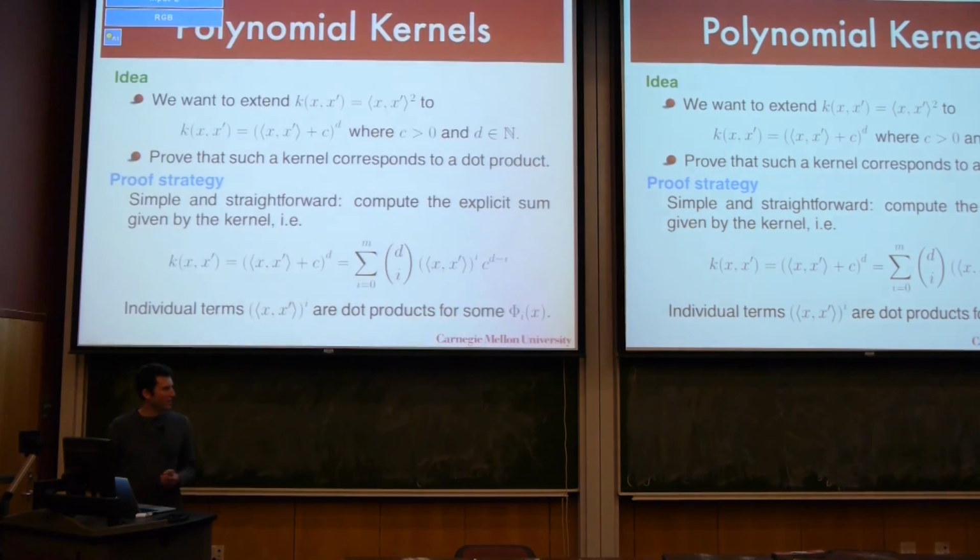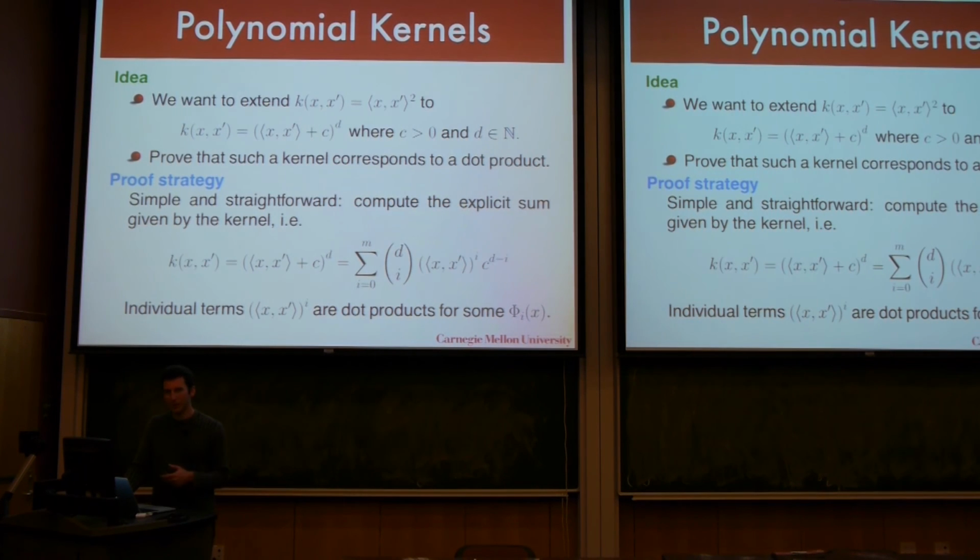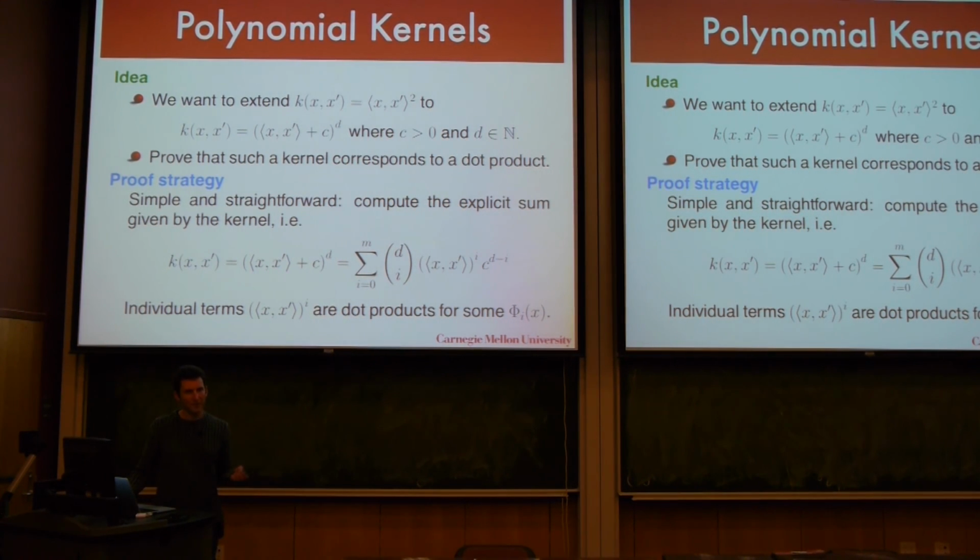Then we already have the first simple rule for how to make one kernel out of it. The other thing is multiply with the scale. So any positive combination of kernels is a kernel.